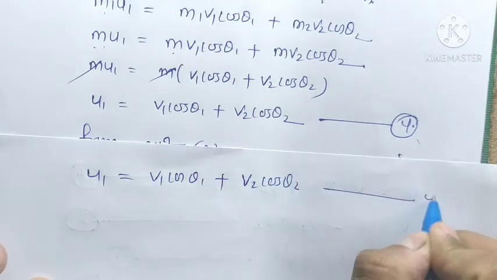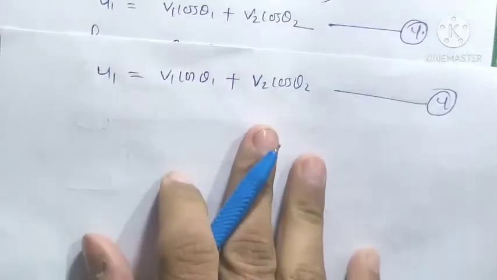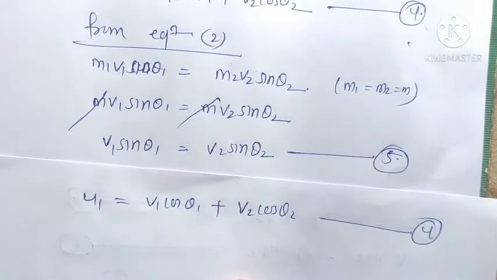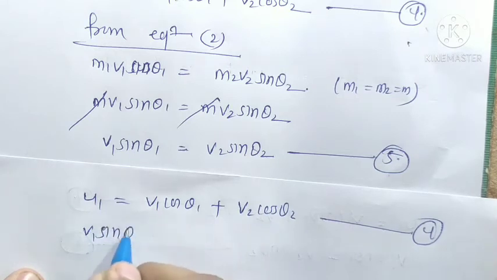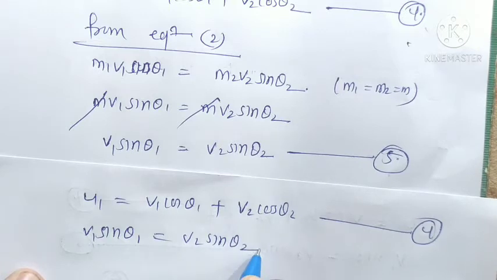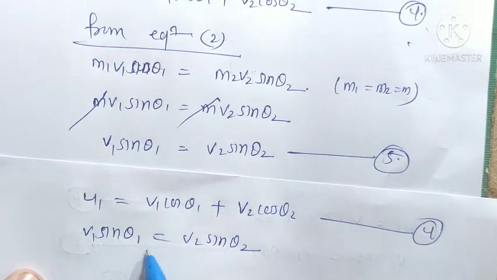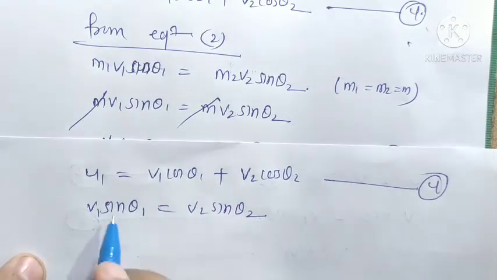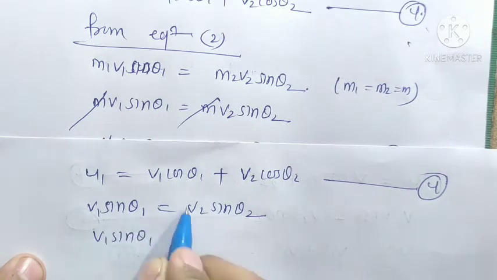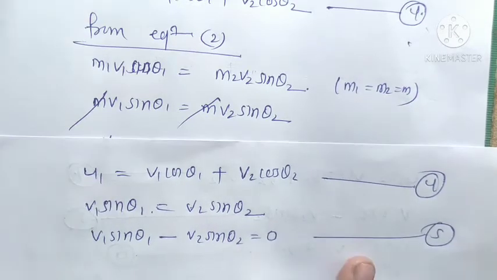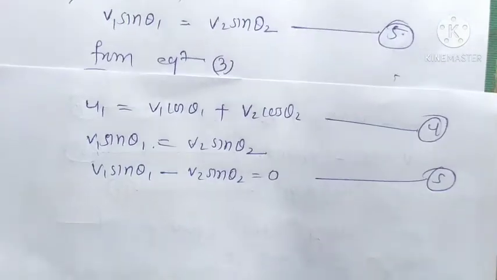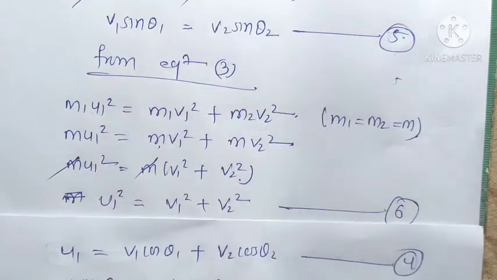Equation number 5 is v1 sin theta 1 = v2 sin theta 2, so we write it as v1 sin theta 1 - v2 sin theta 2 = 0.